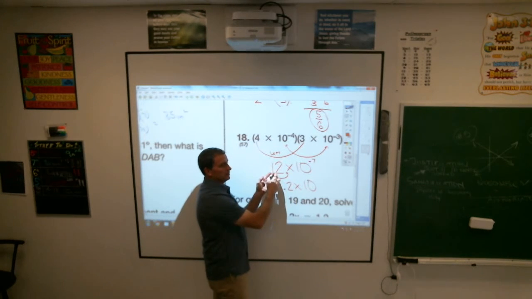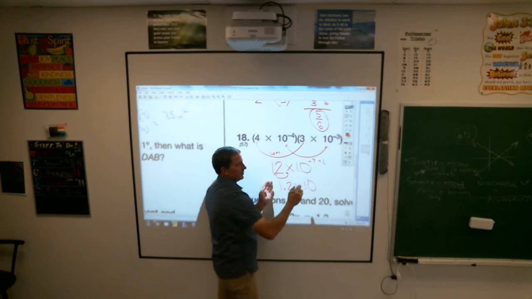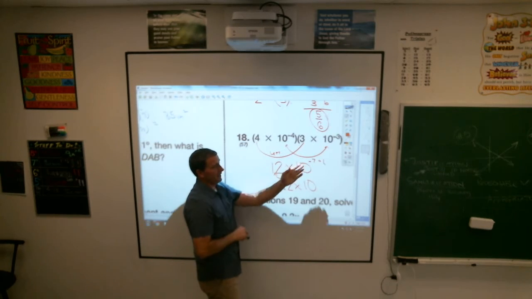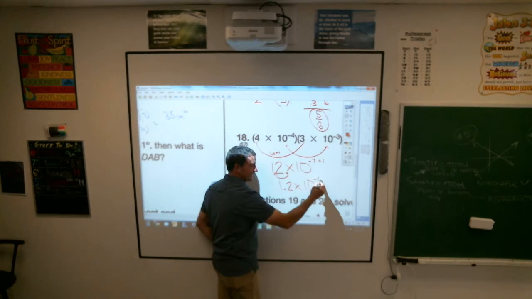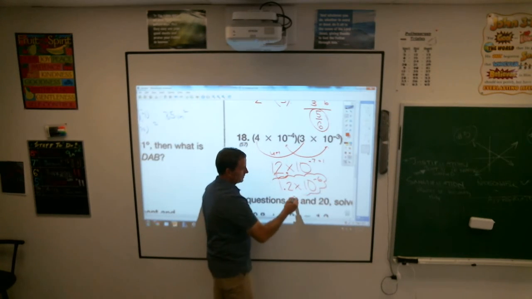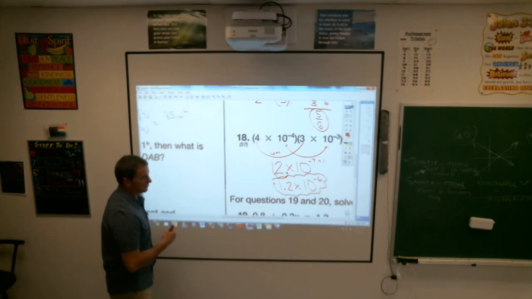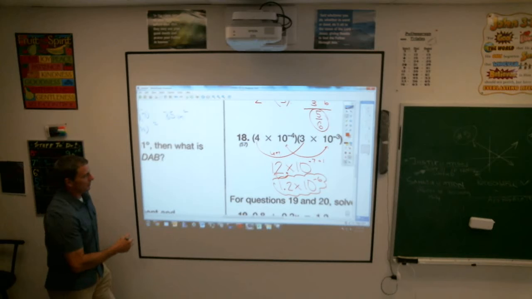I made this smaller by one place. I need to make this bigger. They kind of balance out by one place. And a negative 7 plus 1 is a negative 6. Think about it as being some sort of a balance thing. You do the opposites for it.